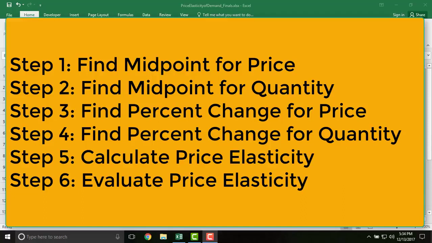Step two, we're going to evaluate the midpoint for quantity demanded. Step three, we're going to calculate the percent change in the price using the midpoint that we've done in step one. Step four, we're going to find the percent change in demand based on what we've found for the midpoint in step two. Once that's all done, we get the fifth step, where we can finally do the price elasticity of demand calculation. And remember, that's quantity demanded on top of price.